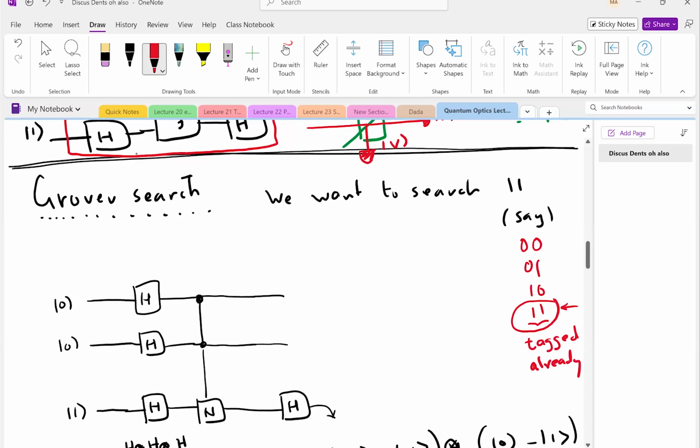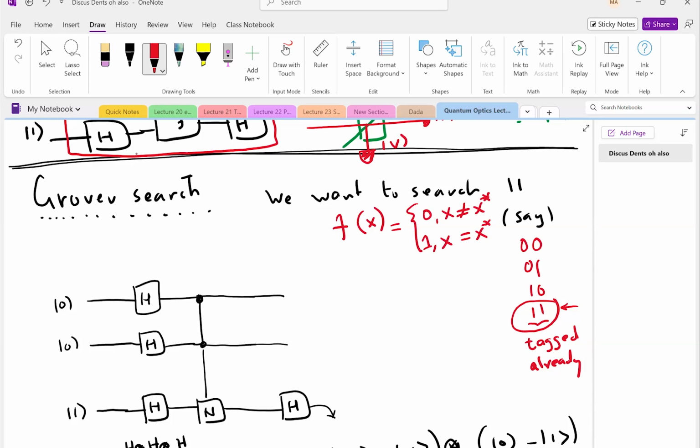So the algorithm is designed such that it computes the application of a function on an n-bit string x, and this gives me 0 or 1. It gives me 0 when my x is not the same as the string that I'm looking for, and it gives me 1 when my x is identical to my target. So this is what the algorithm does.